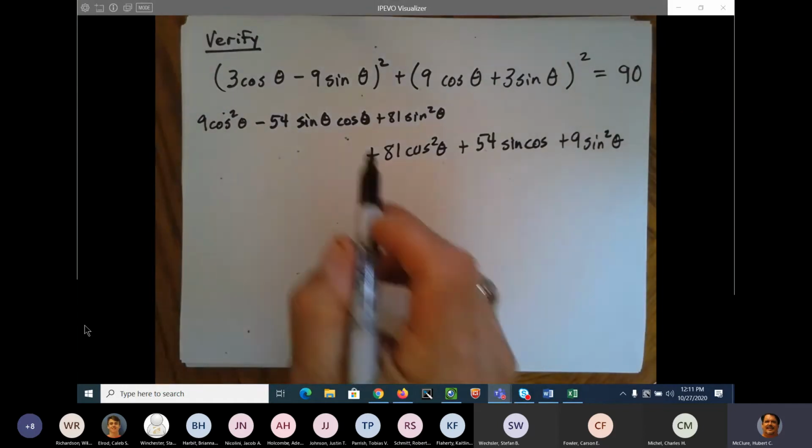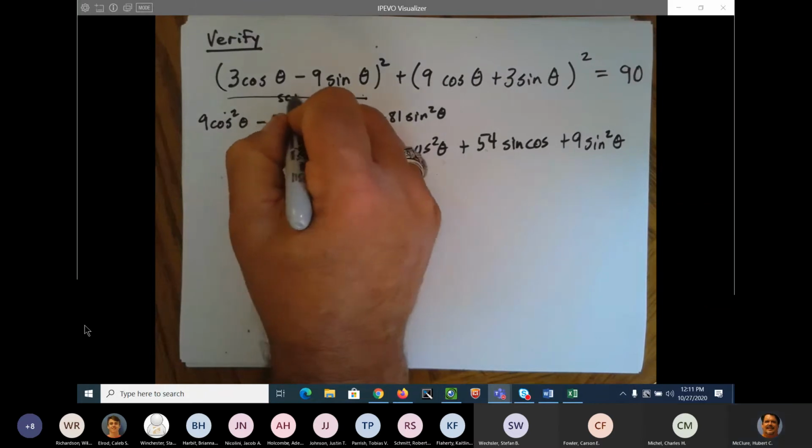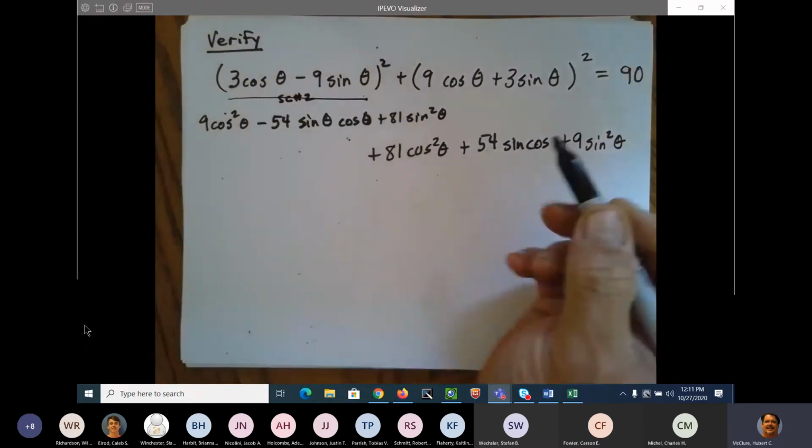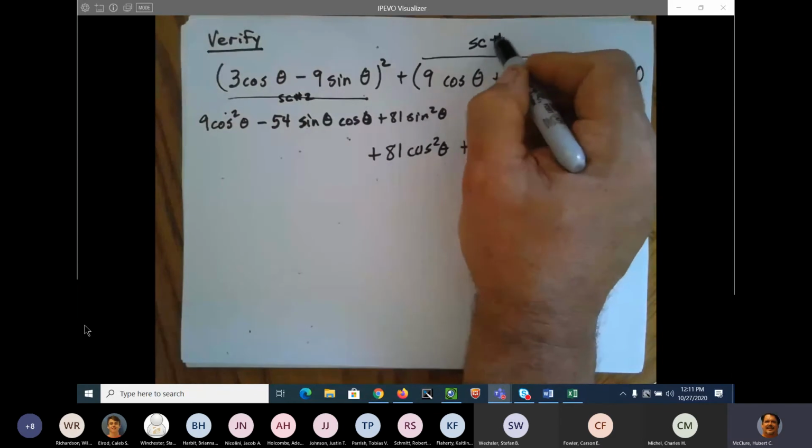So I just did shortcut number 2 and shortcut number 1.